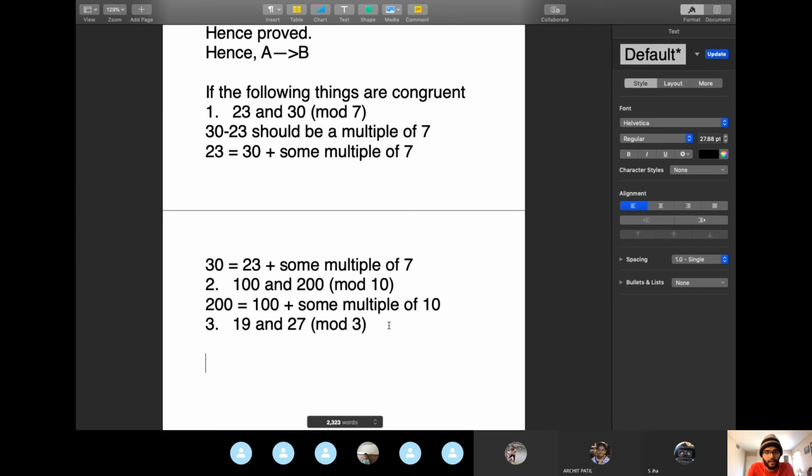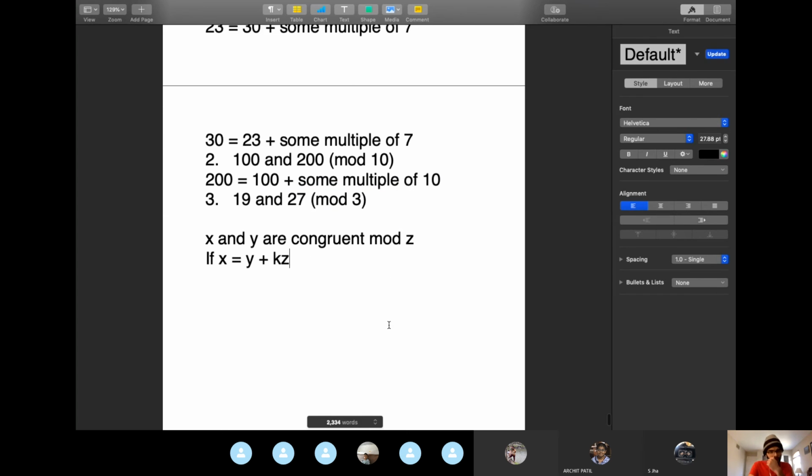So we can say that x and y are congruent mod z if x is equal to y plus kz, where k is some arbitrary integer. It has to be an integer, it cannot be a rational number, remember that.